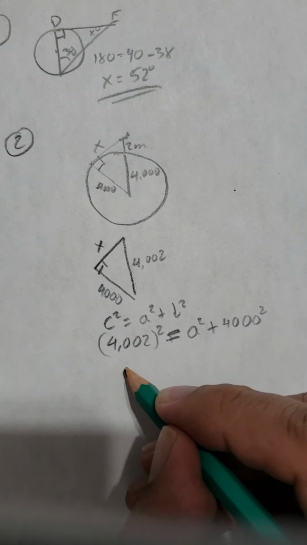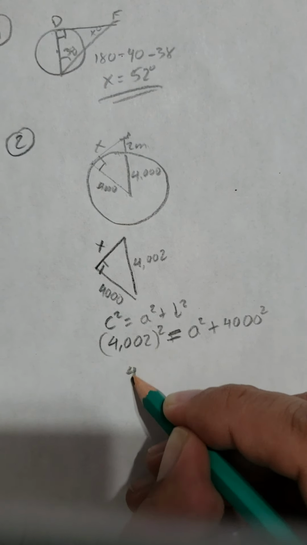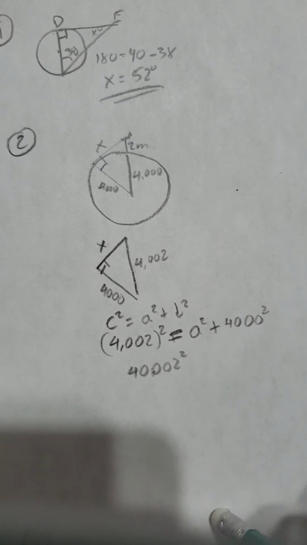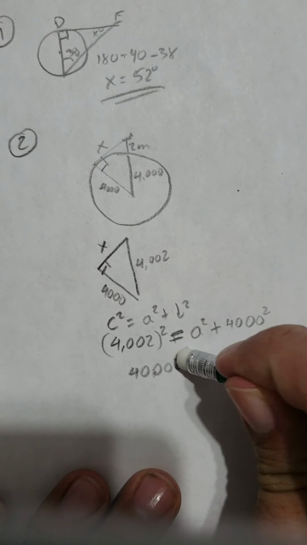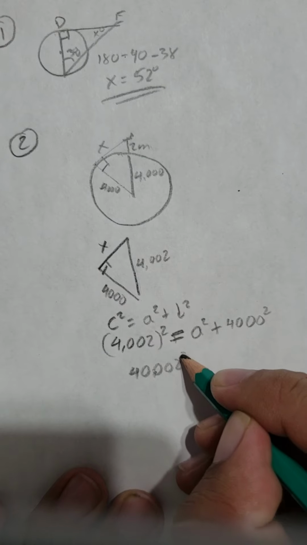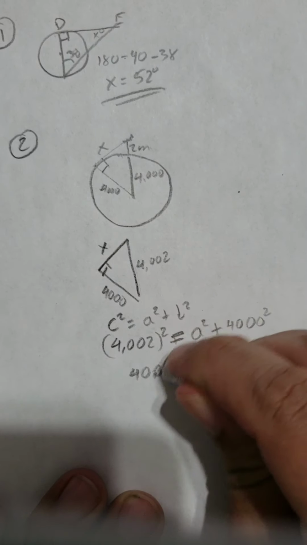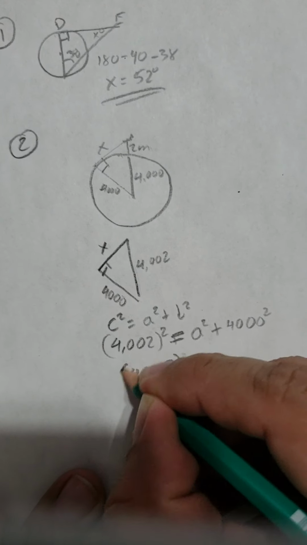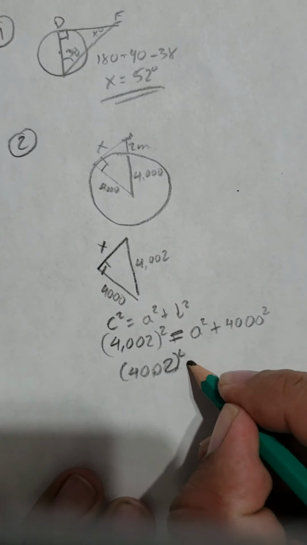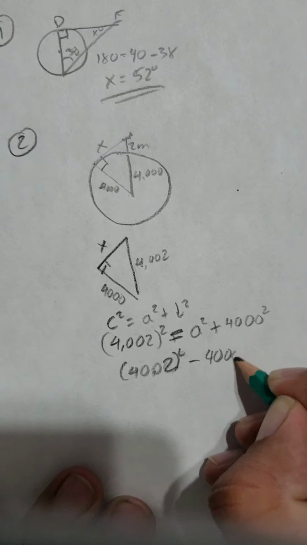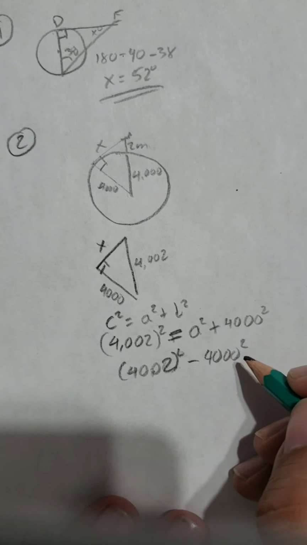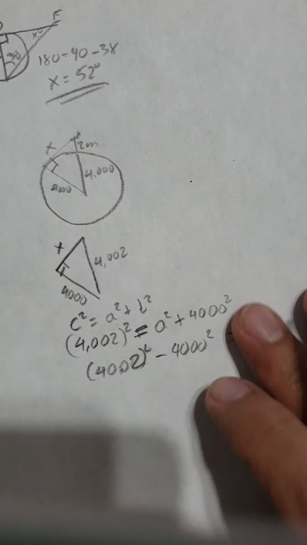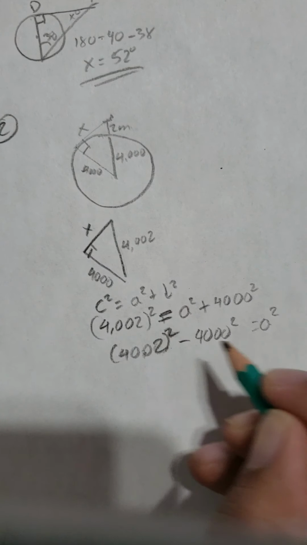Now, let's solve this. 4,002 to the second power, in parenthesis here, minus 4,000 to the second power equals a to the second power. Careful, we can't make the subtraction at this moment.